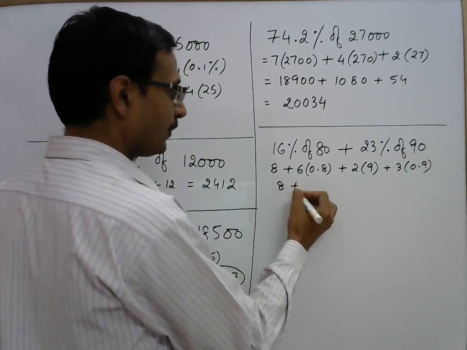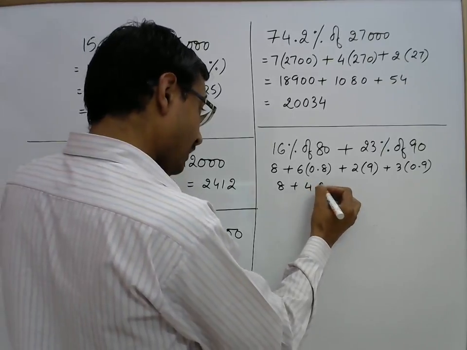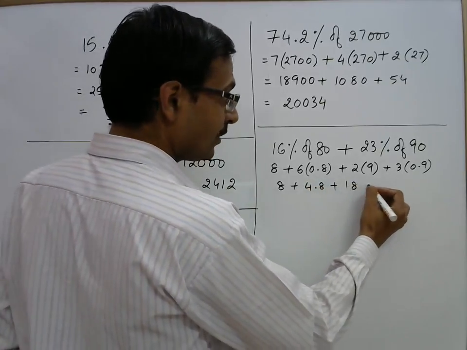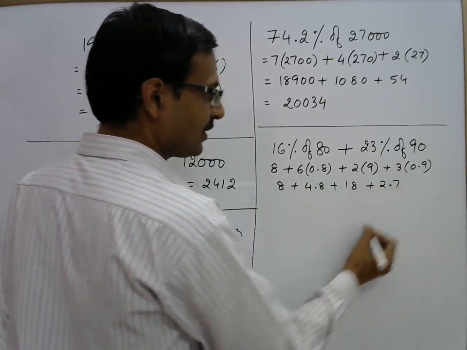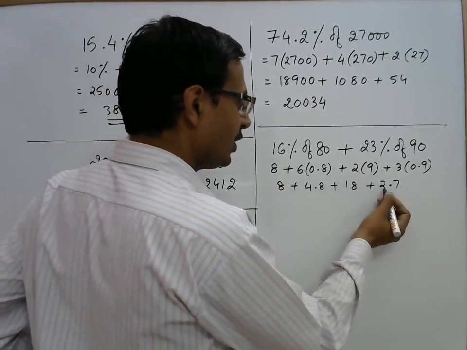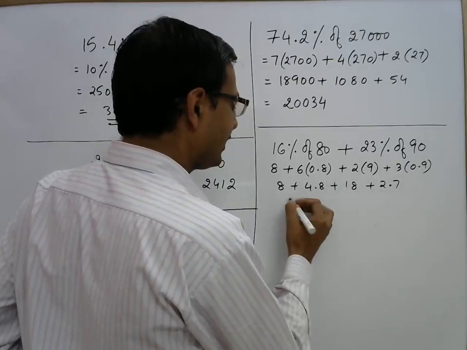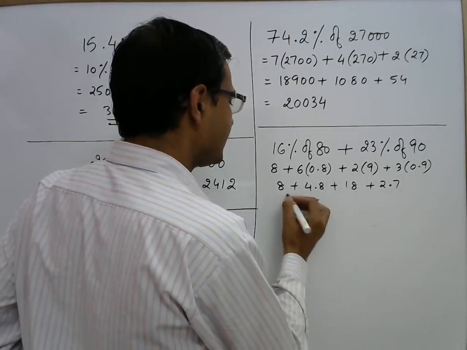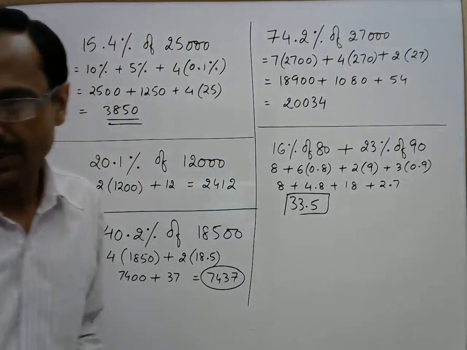Wait, for 90: 2 into 10% is 18, 3 into 1% is 2.7. So this is 8, this is 4.8, this is 18, and this is 2.7. So 18 plus 8, 26, 30, 32, and 1.5, 33.5 is the answer which I was looking for.